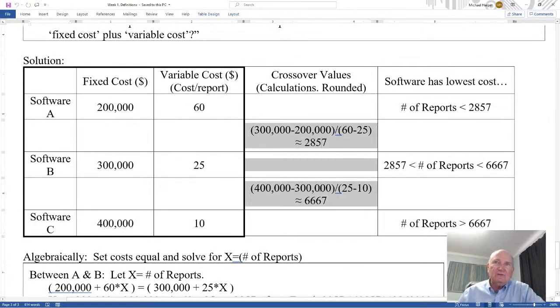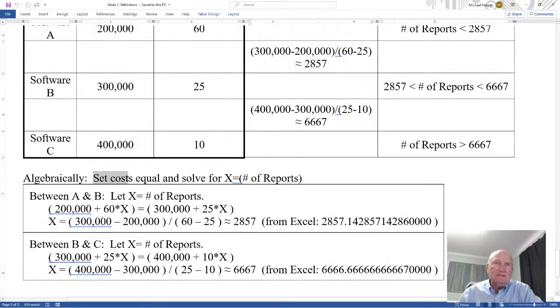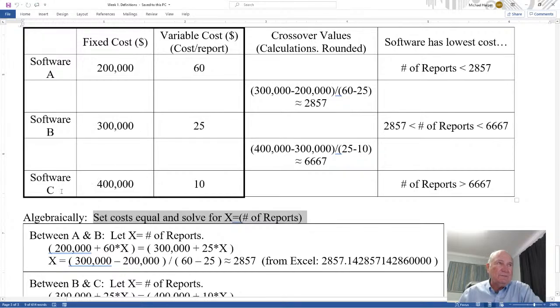Well, this is just the results. Where do these come from? Where did that equation come from? Well, it comes from a simple algebraic manipulation. In other words, set the two costs for two software products equal to one another in terms of X, which is the number of reports. For example, between A and B here, let X equal the number of reports, and so 200,000 plus 60 times X is the cost of software A for X number of reports.